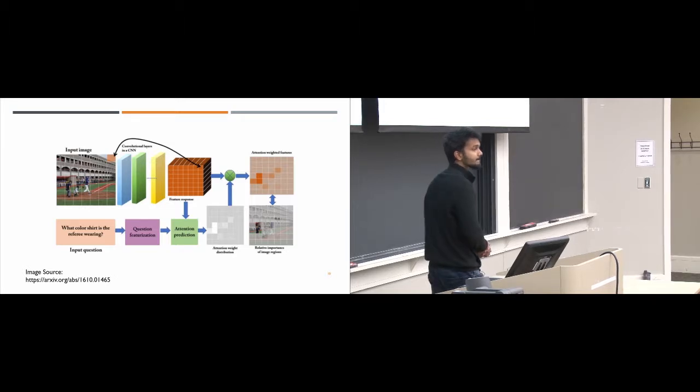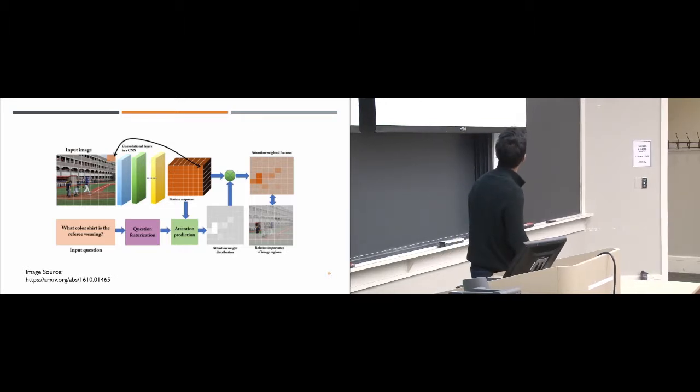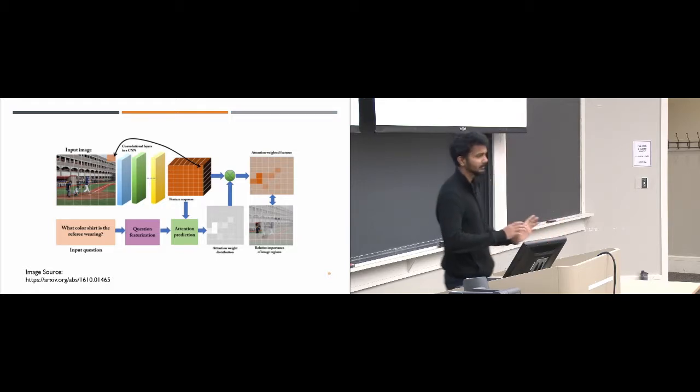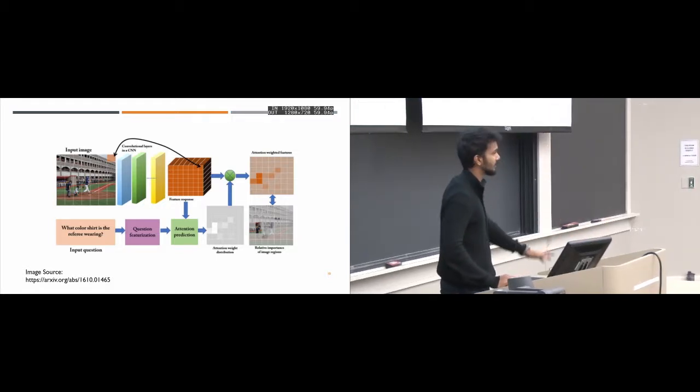So this is just a way to initialize the attention matrix. From the input question to attention prediction, this is just a way to initialize the attention matrix. I think this will be cleared just a few slides down.